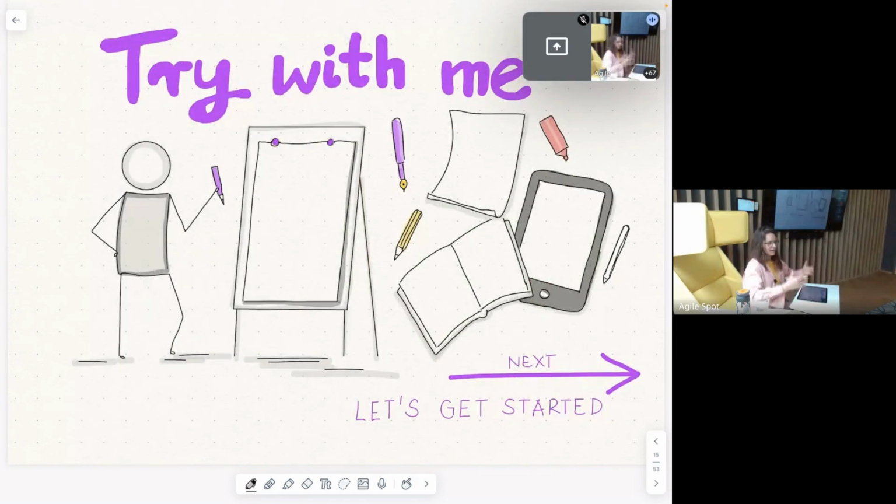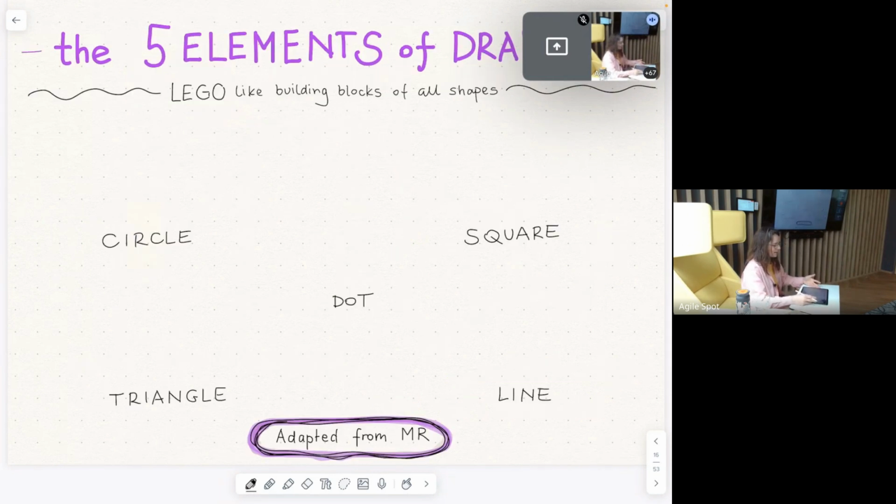But now, I hope you got interested, or maybe you already have some ideas of what is for you, we can start trying. And everything starts with 5 basic shapes. Now it's the moment that you grab a pen and you grab a card, and we're gonna draw 5 elements.